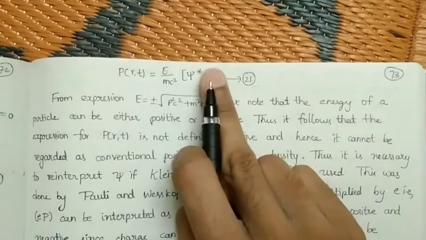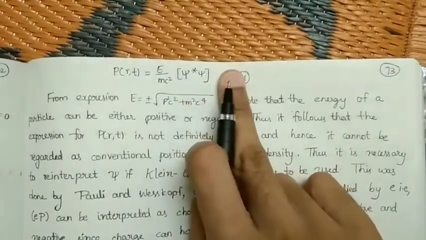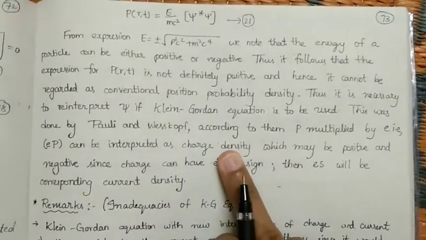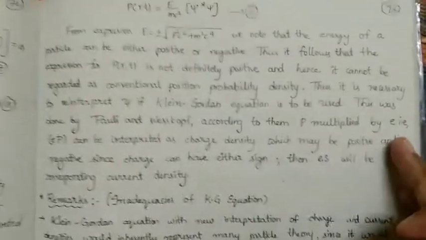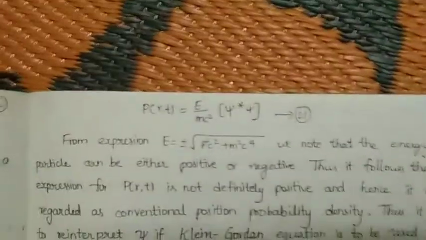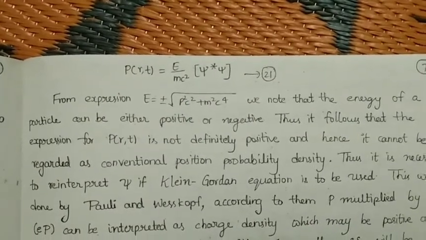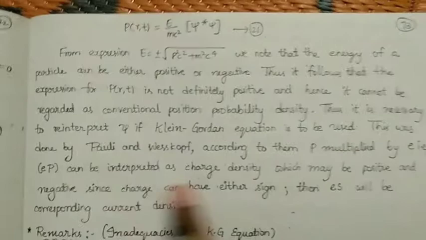If 1 by volume is multiplied with charge, we get charge per unit volume. So they are saying this density multiplied with charge can be interpreted as charge density, and it could be either positive or negative, because we can have positive as well as negative charge.